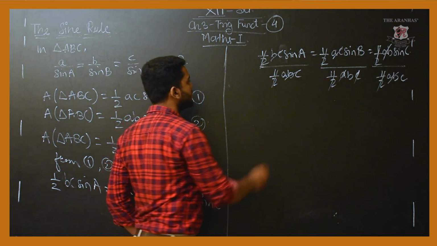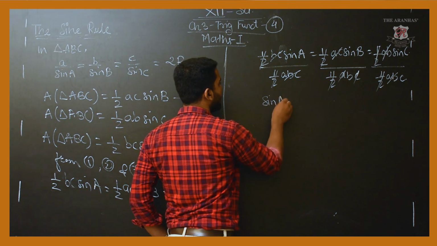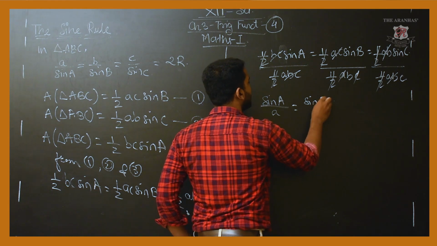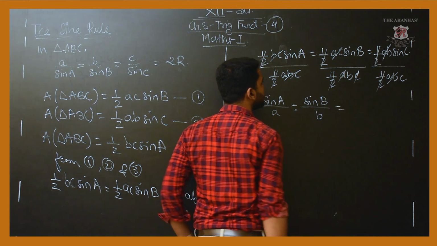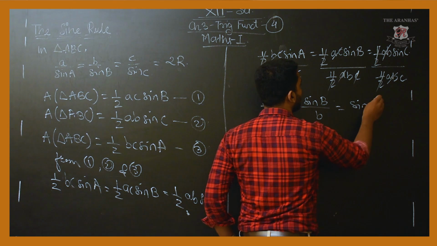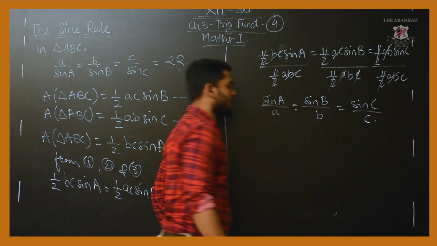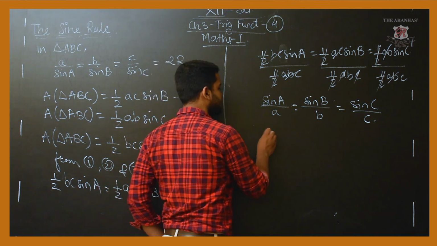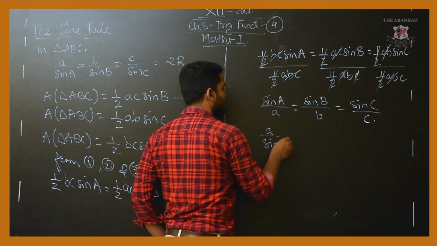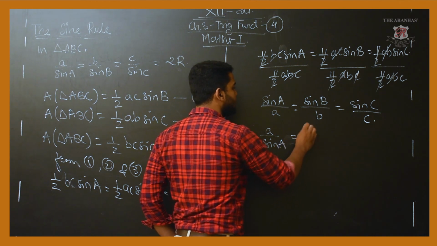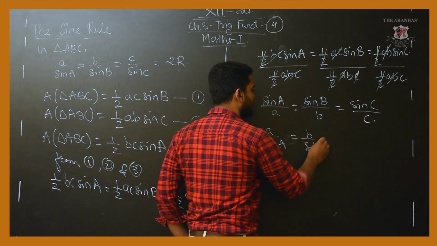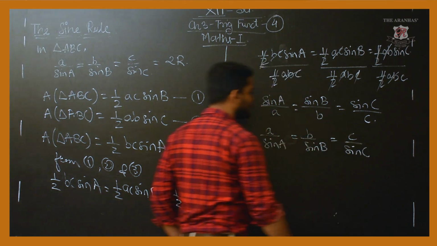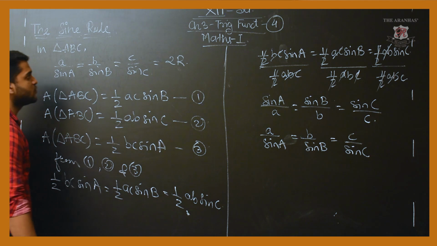We will be left with sine A upon a equal to sine B upon b equal to sine C upon c. Correct? Now, by inverting, we can write this as a upon sine A equal to b upon sine B equal to c upon sine C. Correct? This is what we were supposed to prove.